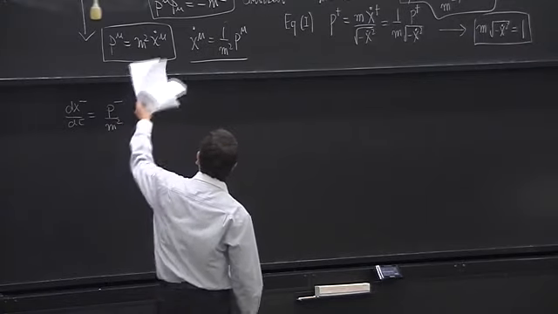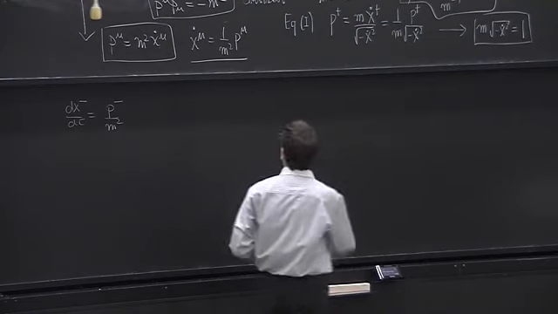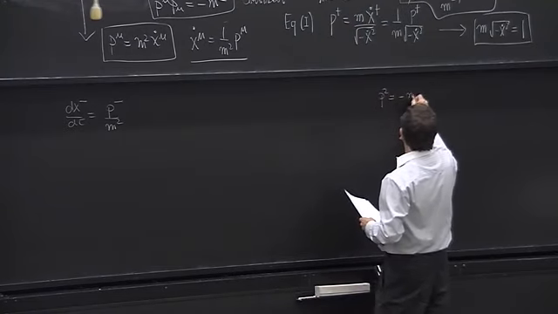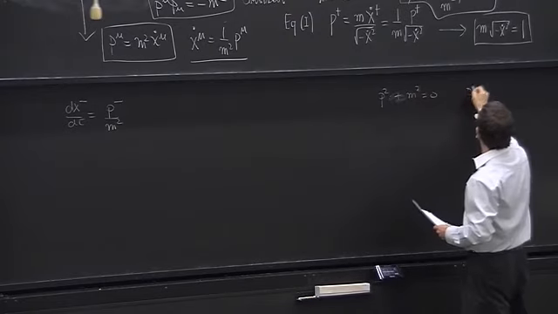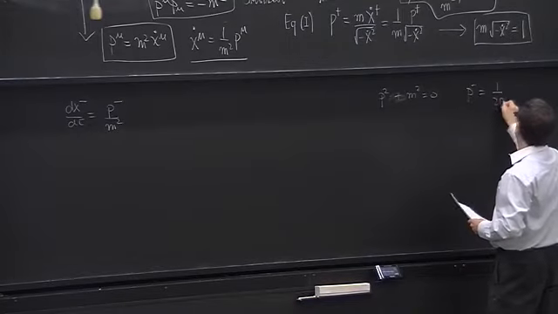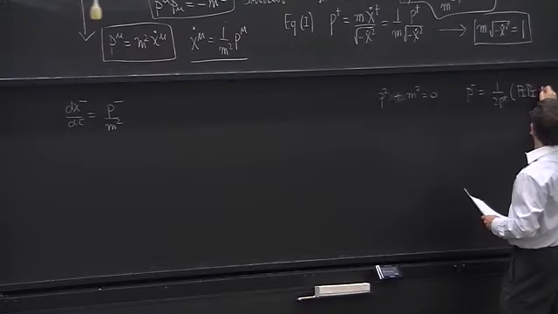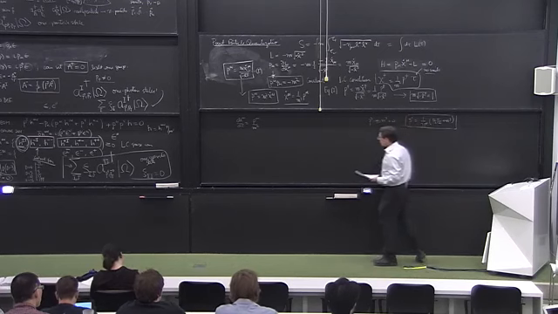Now, what is p minus? You can calculate p minus from this equation. As usual, p squared equals minus m squared, or p squared plus m squared equals 0, gives you p minus equals 1 over 2p plus times p i squared plus m squared. So that's what p minus is.